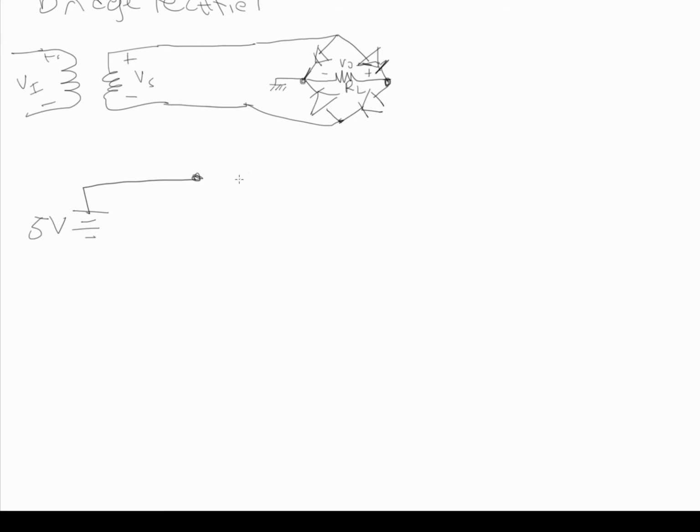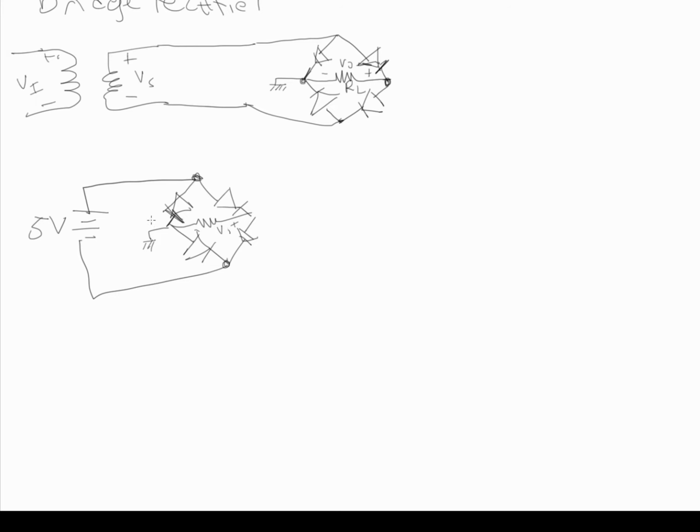Then we have our bridge, and this is going to ground. Then we have another diode, and then our last diode here, and this is all going back to the power supply. Then we have our load right here, plus minus V out.